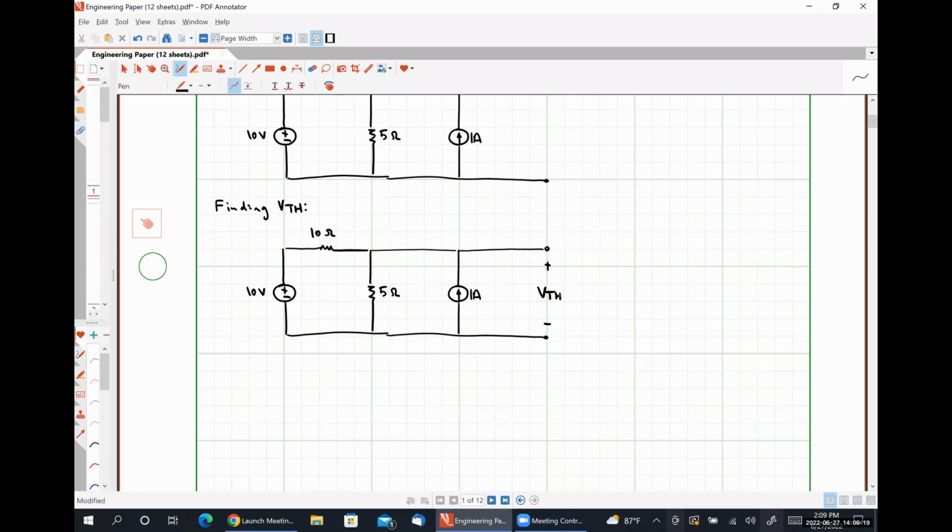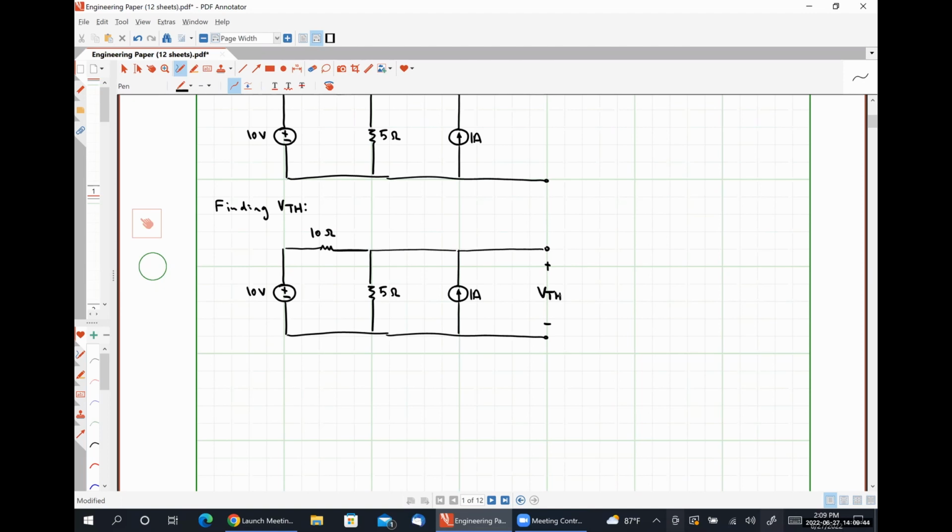So, for instance, we could use superposition here to find VTH. I say that because with the 10-volt source on and the 1 amp current source off, this is simply using voltage division to get VTH. With the 1 amp source on and the 10-volt source off, we would just use Ohm's law, and then we'd add those two results together.